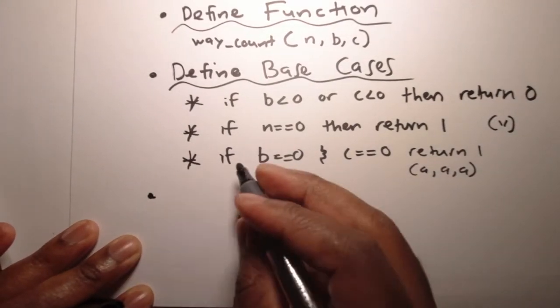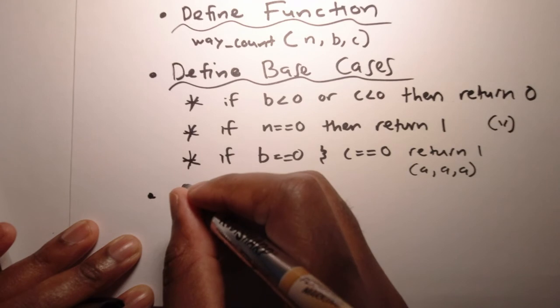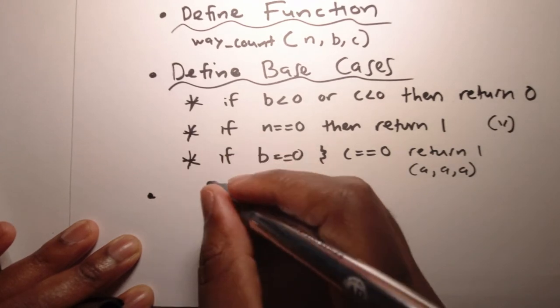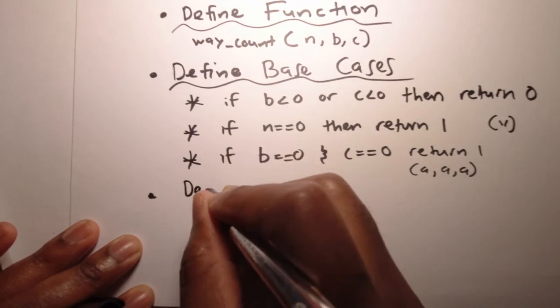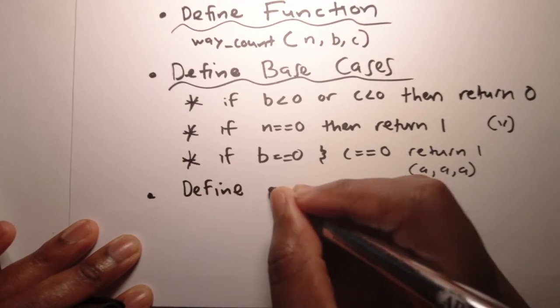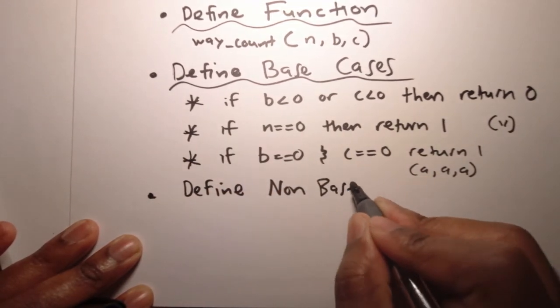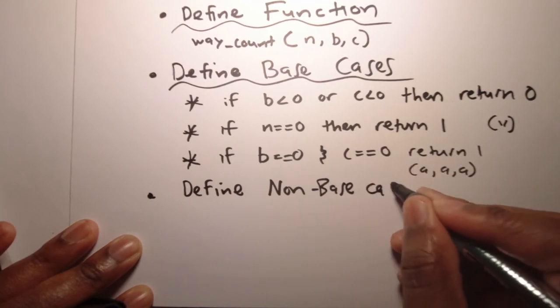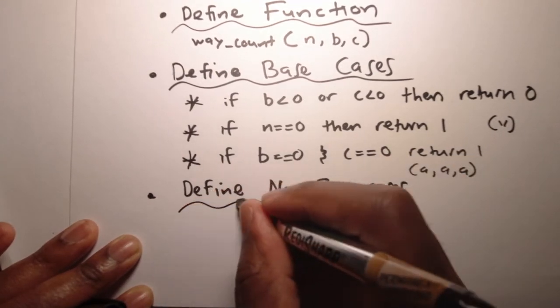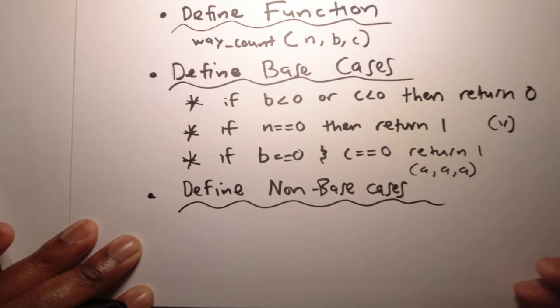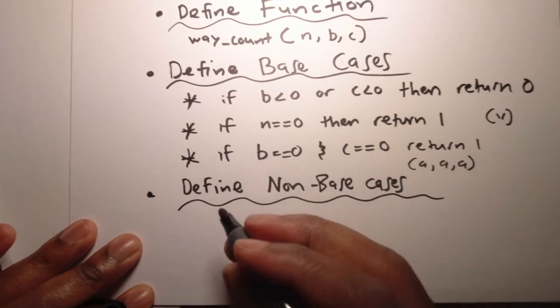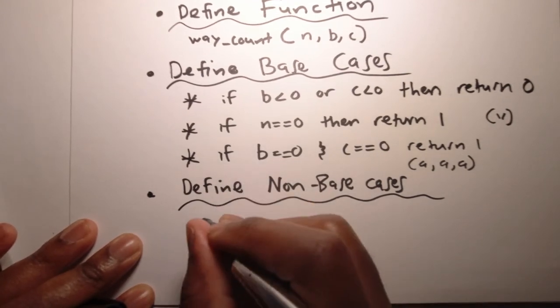The next step in method 4 is to define the non-base cases. And we have 3.